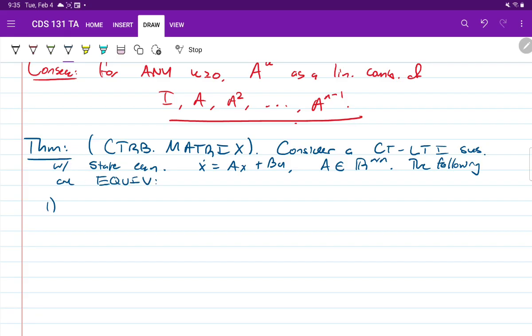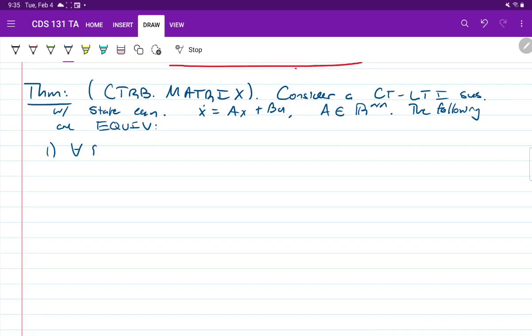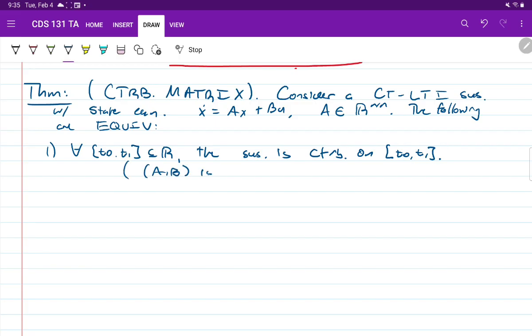So we have point 1, which is that for all intervals [t0, t1] which are a subset of R, the system is controllable on [t0, t1]. All right. Now we can also state this as (A, B) is a controllable pair.